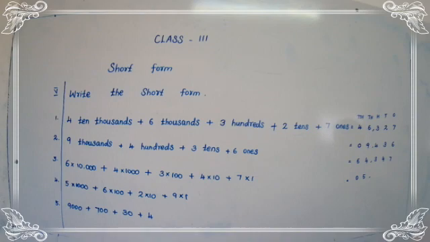Then how many hundred is there? 6 multiplied by 100. So 6 is in 100 place. Then see the tens and ones place. 2 multiplied by 10 is equal to 20. So you write 2 in tens place. Then last one, 9 multiplied by 1 is 9. Then see the next one.